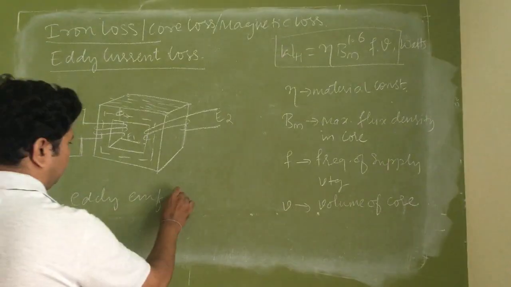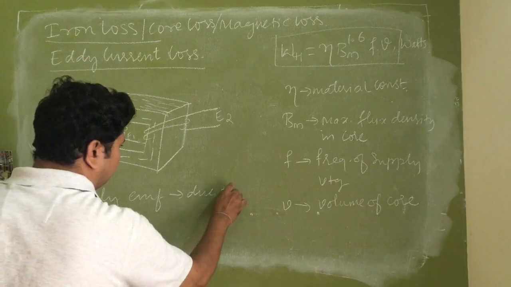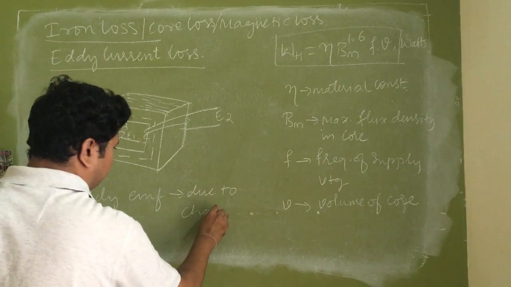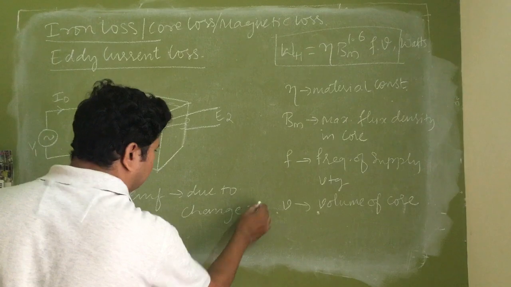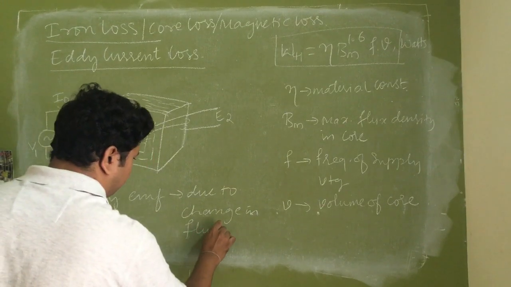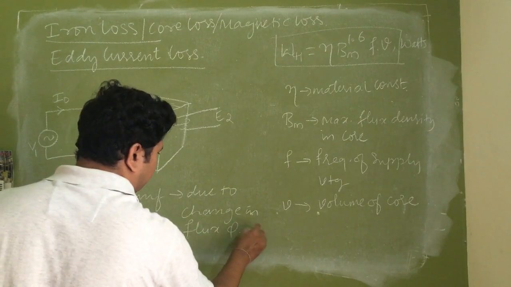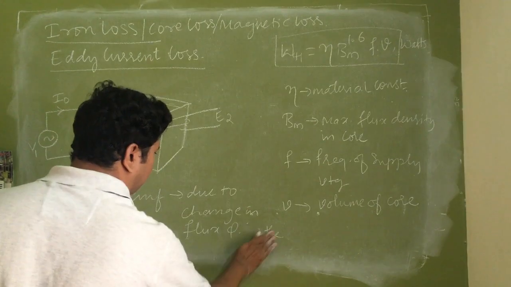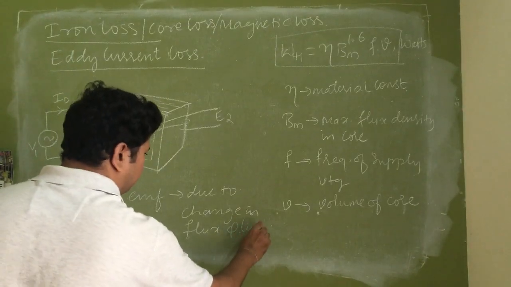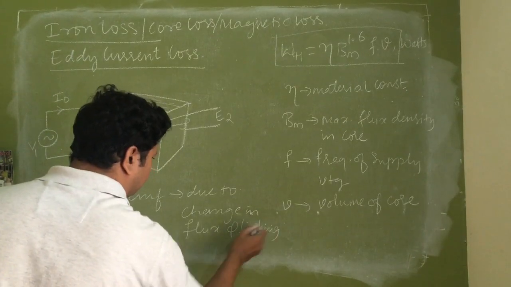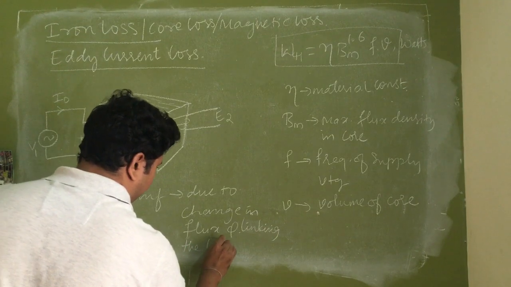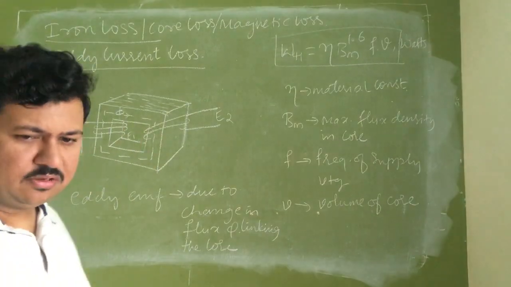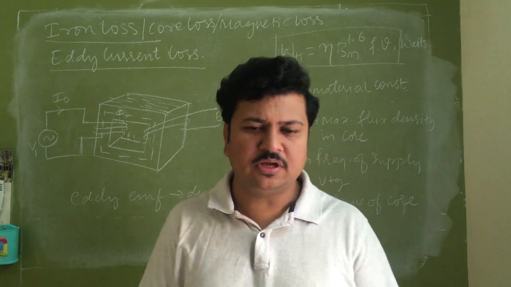Eddy EMF is due to change in flux phi in the core or linking the core. It has to link because the core is the path for the flux.